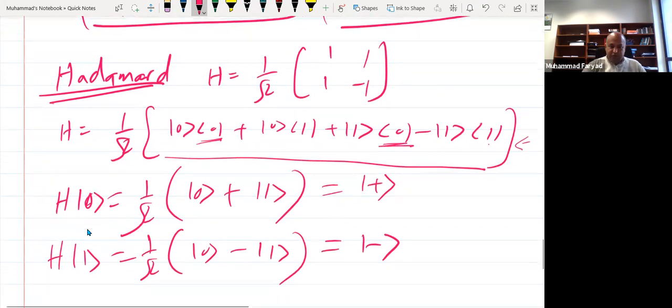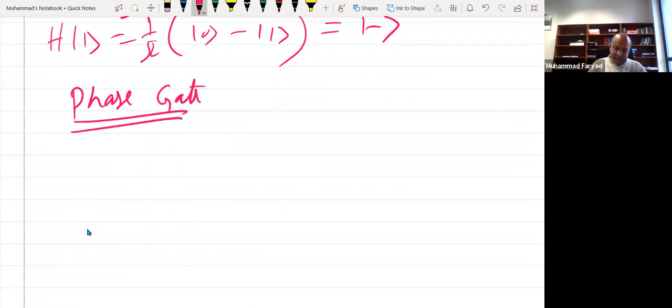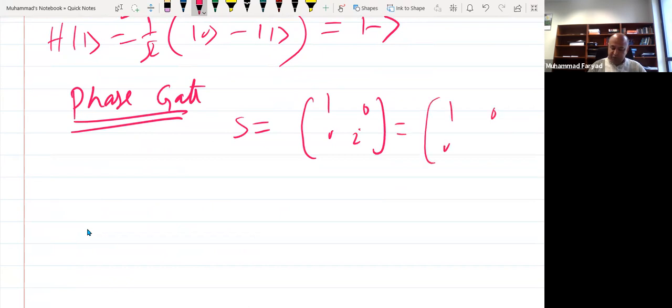Okay, let me introduce one other gate. It's called the phase gate, and it has the symbol S. Its definition is [[1, 0], [0, i]]. Some people write it as [[1, 0], [0, e^(iπ/2)]], because e^(iπ/2) is actually i.